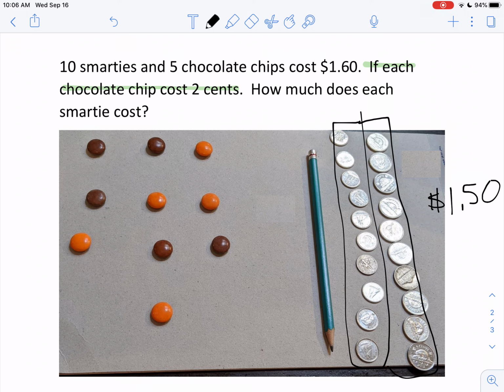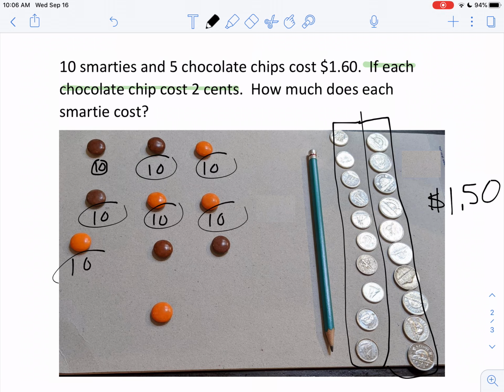So you might want to start handing out coins. You could do that first. So you could hand out the 10 in this row to each of these candies. So we've got 10 cents and another 10 cents. And that makes up $1, but we still have 50 cents left over.